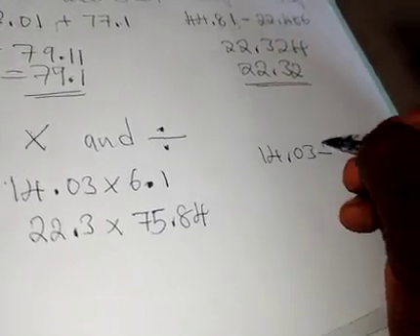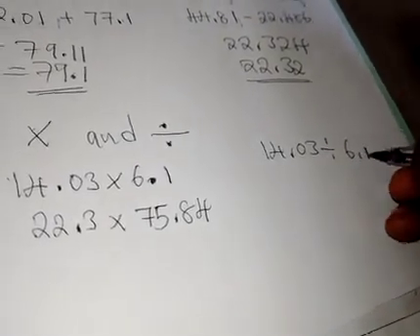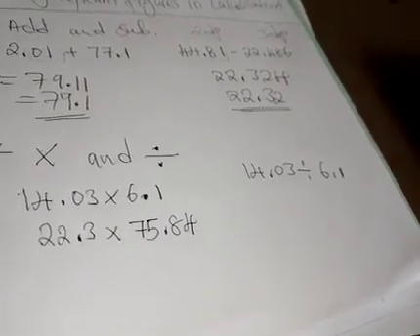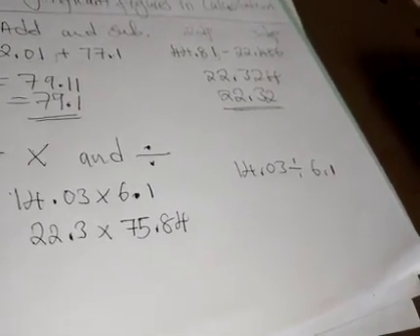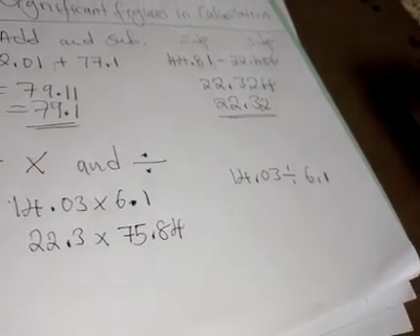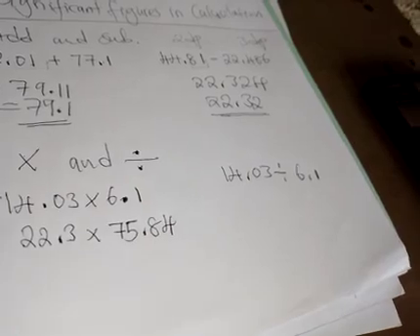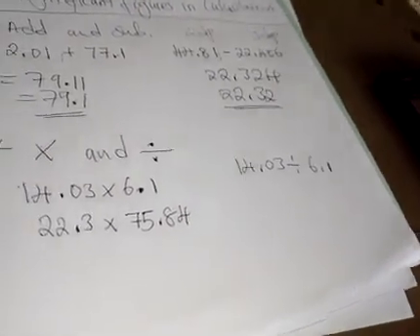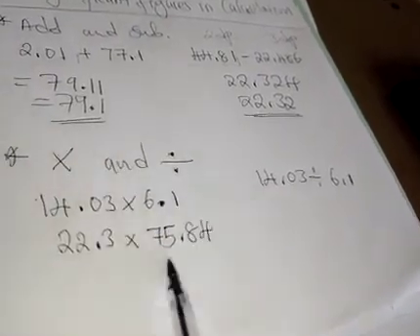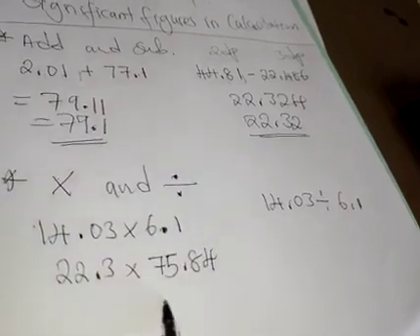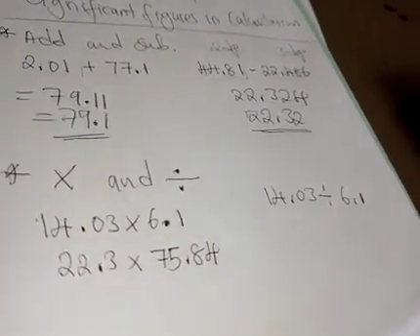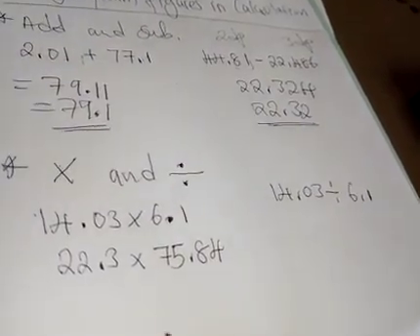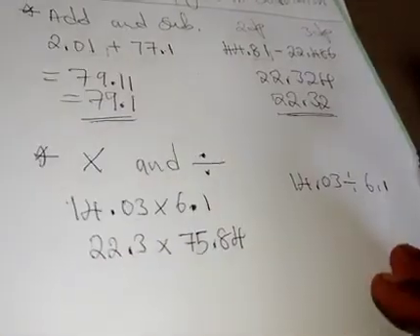Okay, so for multiplication or division, the answer is rounded off to the same number of significant figures as possessed by the least precise term used in the calculation. So for multiplication and division, we consider significant figures.